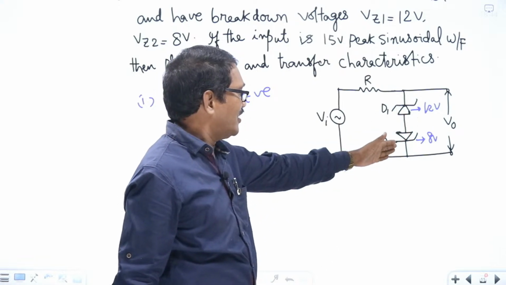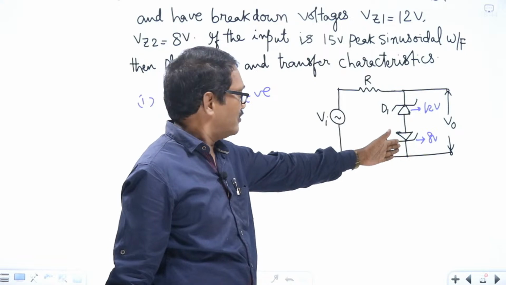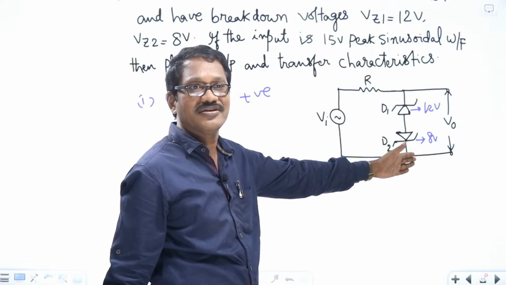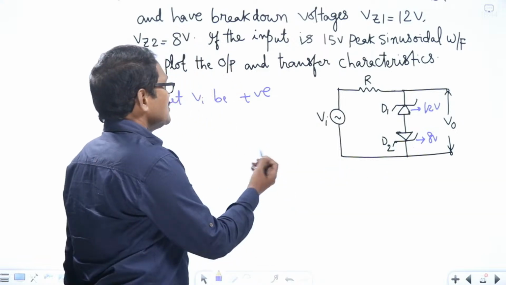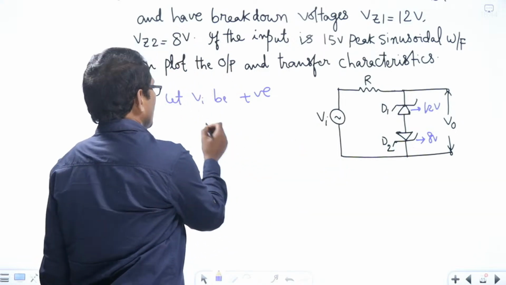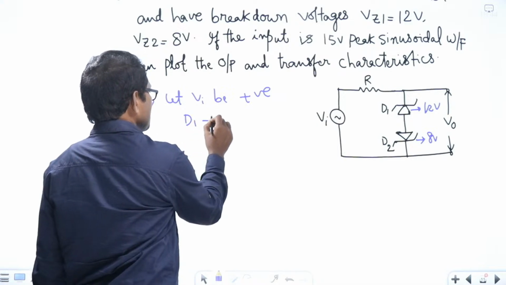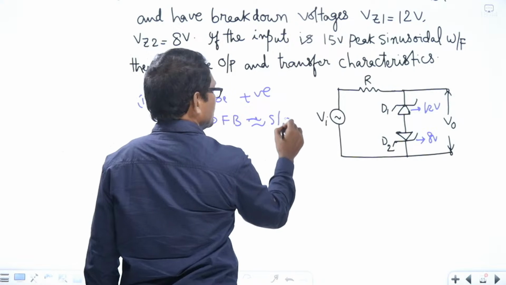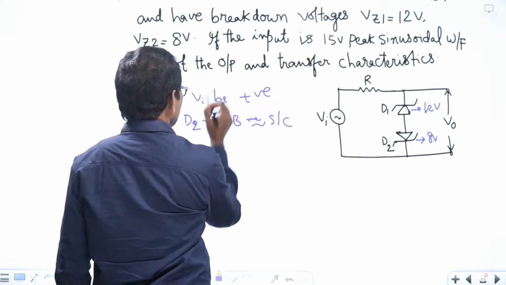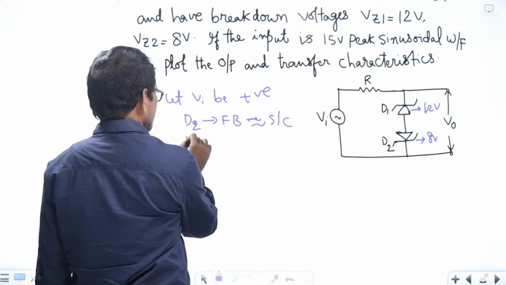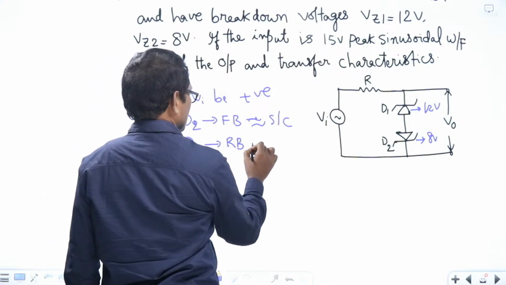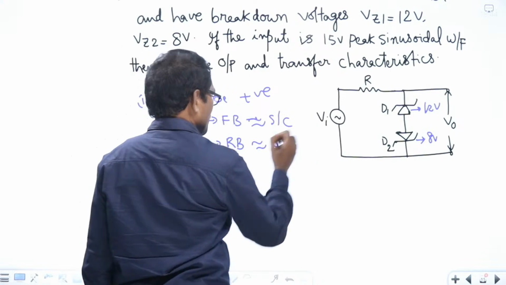And D2 is forward biased, that means it can be replaced by a short circuit. So D2 is forward biased, can be replaced by a short circuit, and D1 is reverse biased, can be replaced by an open circuit.